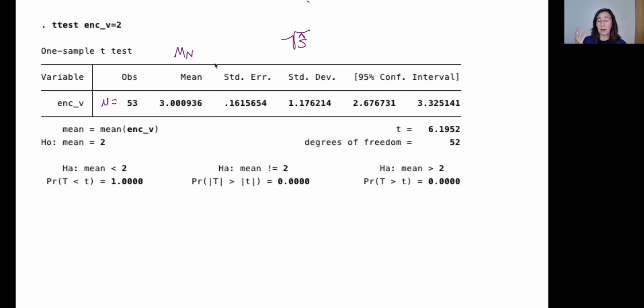It's added up the squared deviation from the sample average and divided by n minus 1 to get the standard deviation. And then it's remembered to also divide by the square root of n to get the standard error of the mean. So what I have in this column is my s hat divided by root n.